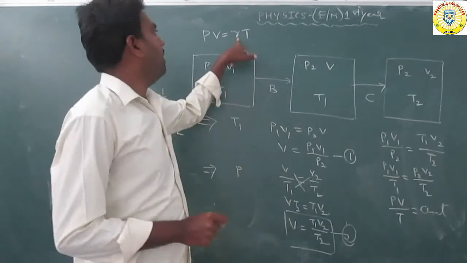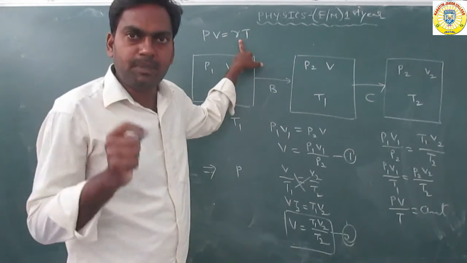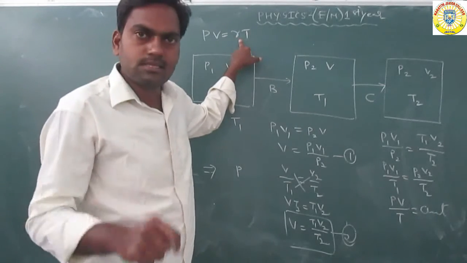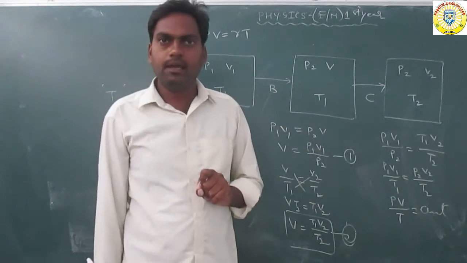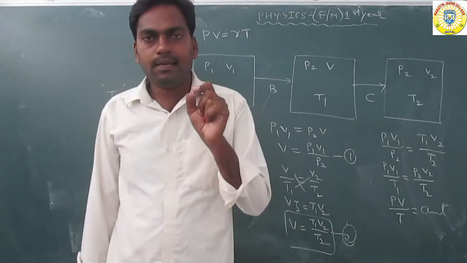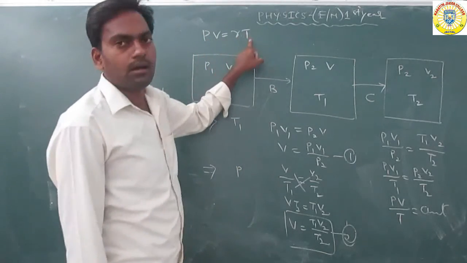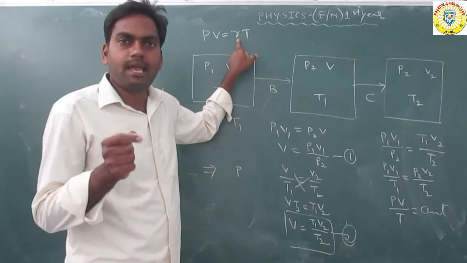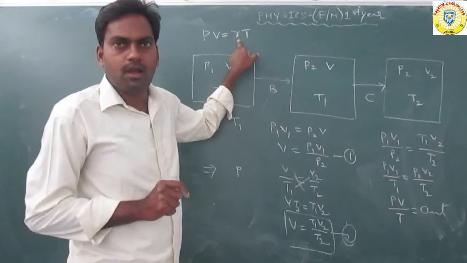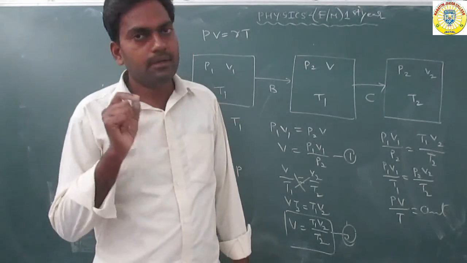Here we take only 1 gram of the gas. Now we consider 1 gram of the gas, so PV is equal to RT, and R is the specific gas constant, whose value changes from gas to gas.